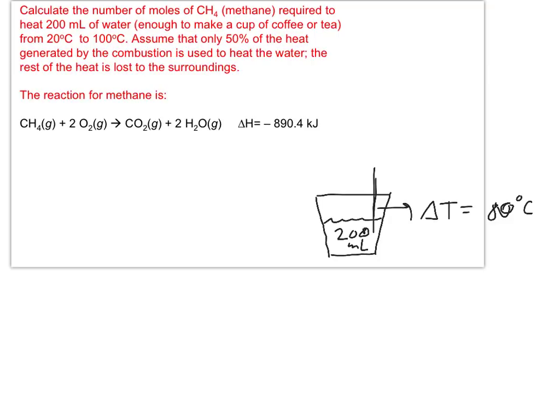So underneath this coffee cup, you've got methane combustion.